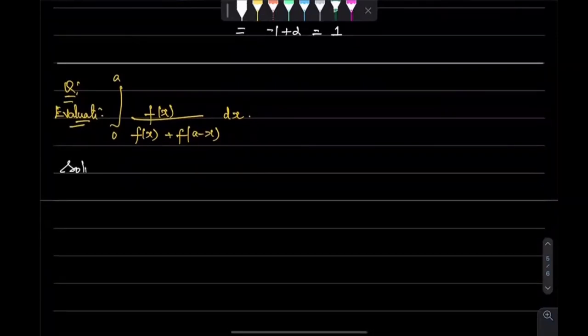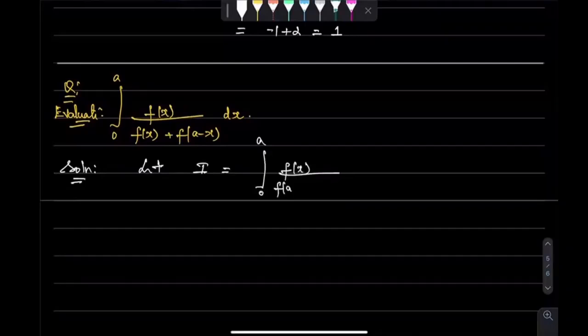The integral from 0 to a of f of x. Exactly, you are identifying the limit first, but before starting this problem, you should always take it as let I. Because in this type of problem, you start the integral like this, and since it is 0 to a, I can apply the f of a minus x property, right? Yes, sir.